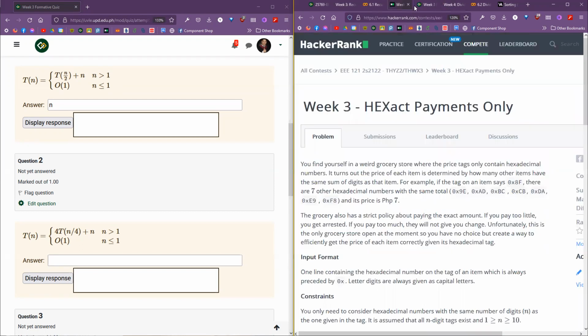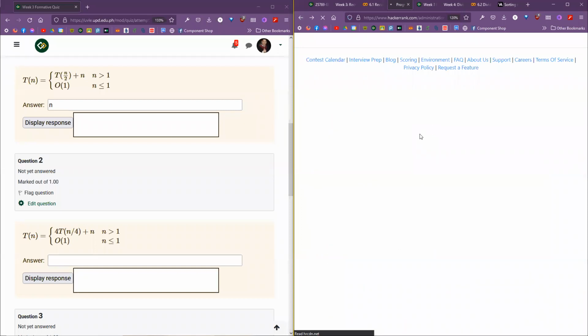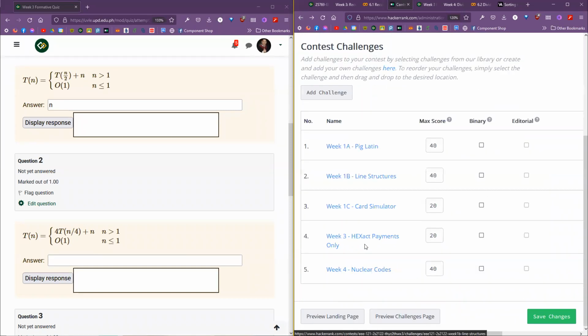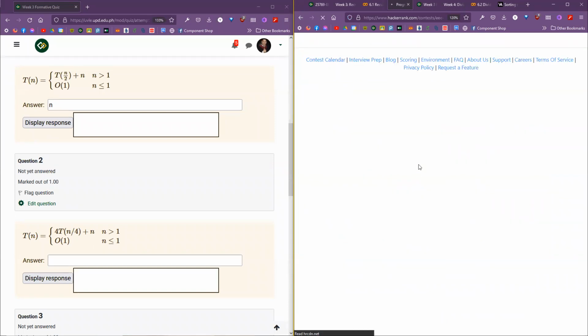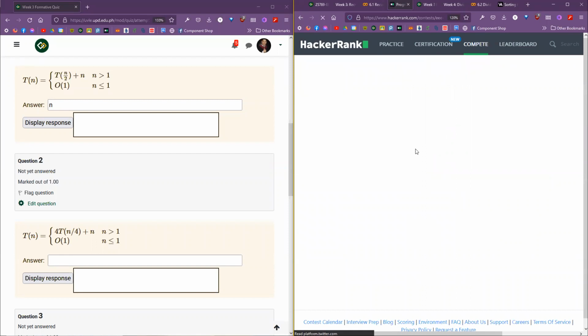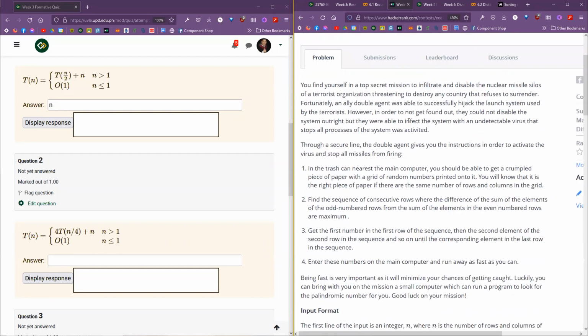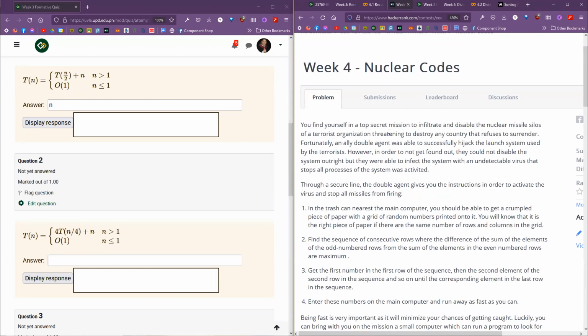Then for the hacker rank exercise, basically meron ng konting kwento.